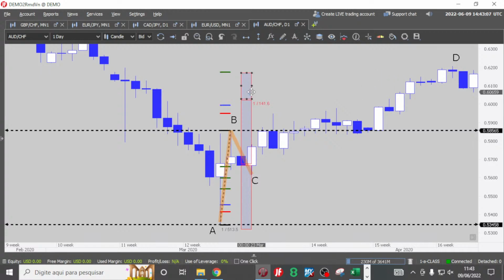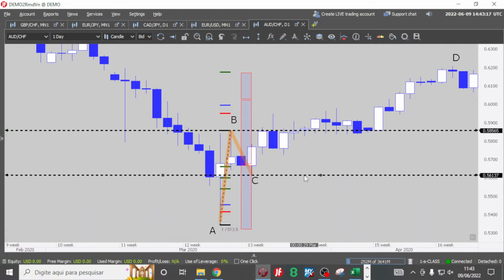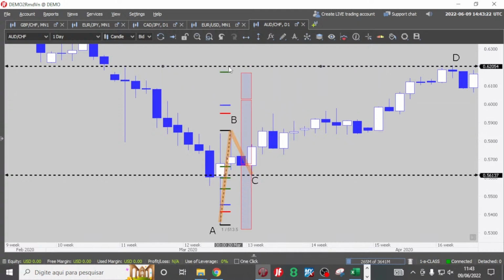Now, very slowly, how to adjust the Fibonacci. Our A goes to C and our B goes to D. This is why it's important to have a high. And don't freak out, because the C is in here and the D is in here.